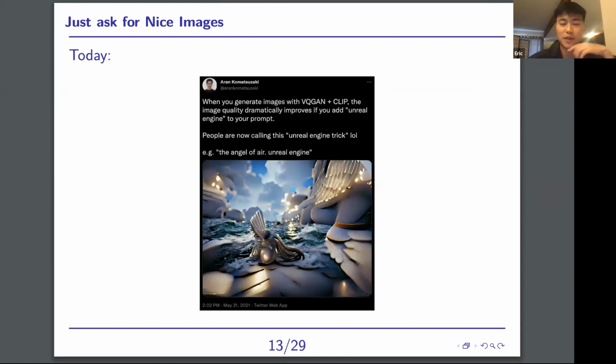So today, people can use prompt engineering to just tell the model to generate a sharp image. There's a name for this called the Unreal Engine trick, where if you have a language-conditioned generative model, you just tell it, "angel of air, featured on Unreal Engine," and you append this Unreal Engine string to any prompt, it'll give you really sharp images.